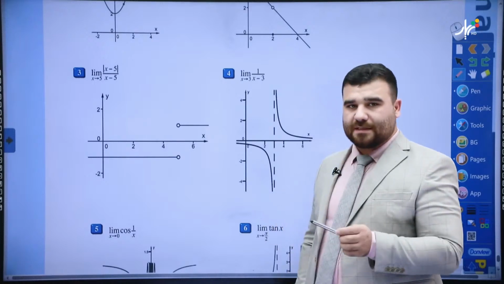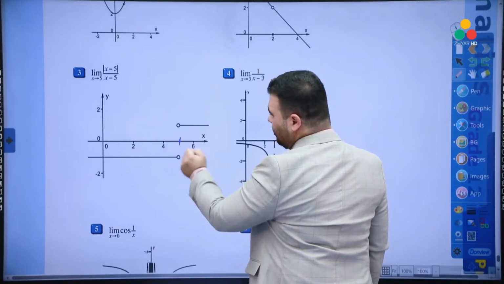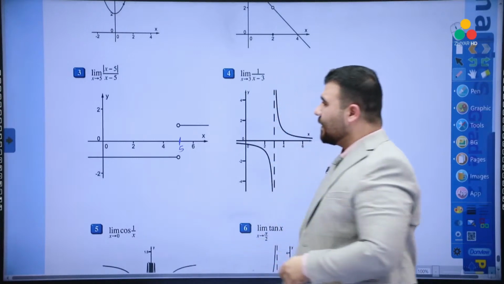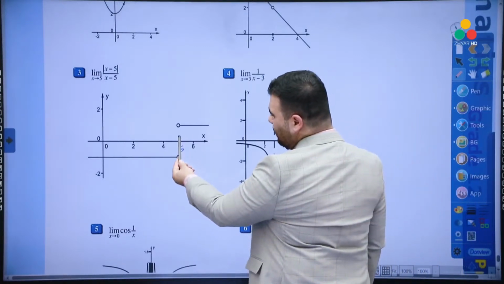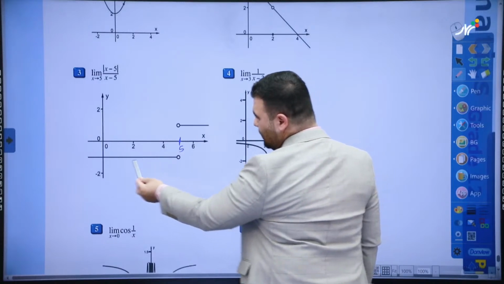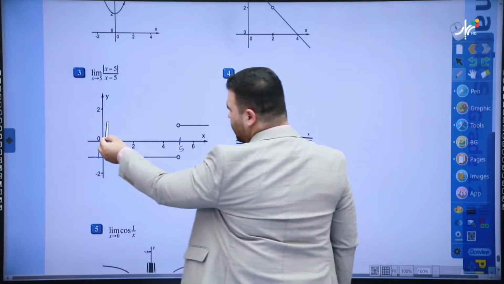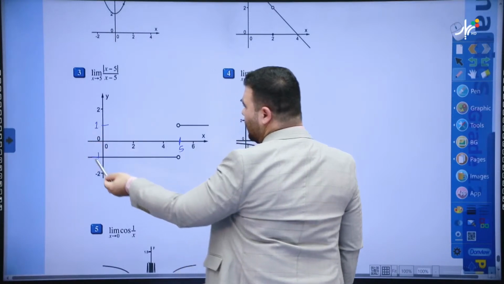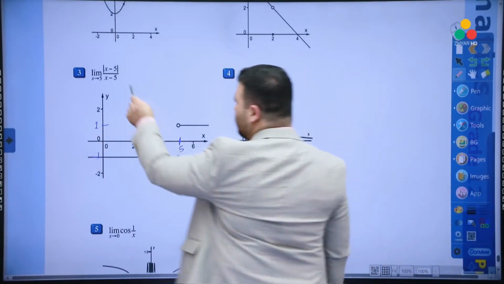Then the question asks about 5. 5 is where the graph is broken. This limit does not exist. Reason: left side of 5, the result is negative 1. Right side of 5, the result is positive 1. Then the left limit is not equal to the right limit, so this limit does not exist.